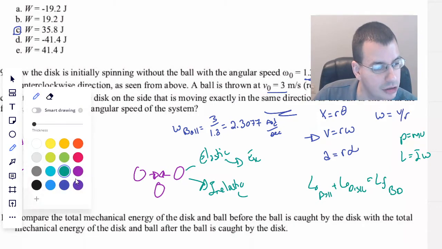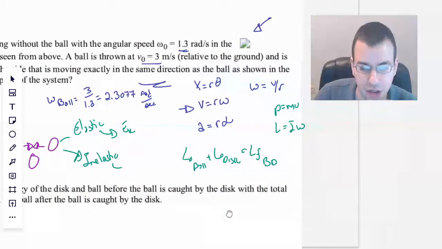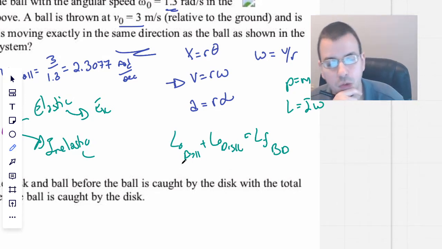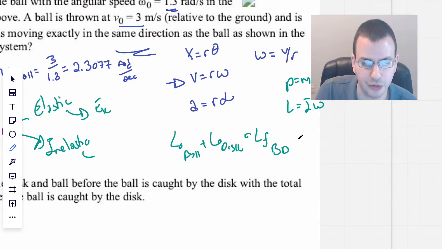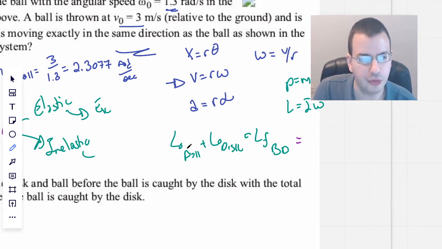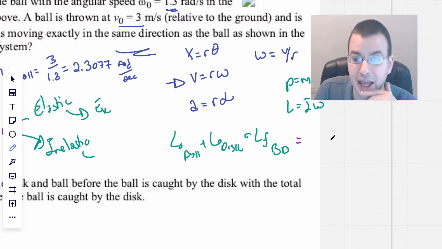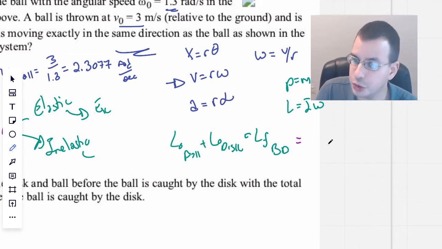Okay, so we are going to use this equation that we wrote out, and we're just going to start going for it. This will be the moment of inertia for the ball, which is m r squared, because we can treat it as a point mass.